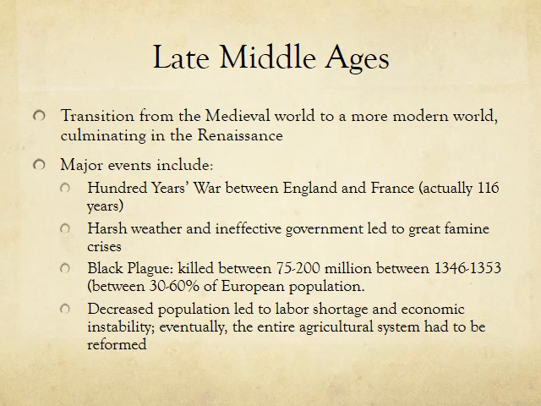The kind of concentration of wealth and power among people who were either not able to or not interested in using their power and their money and their influence to help people below their station. Bad weather and all these social issues, social problems, lead to a series of famines that caused tons and tons of deaths in Europe.